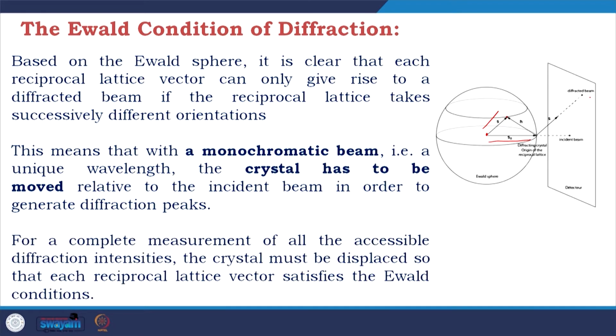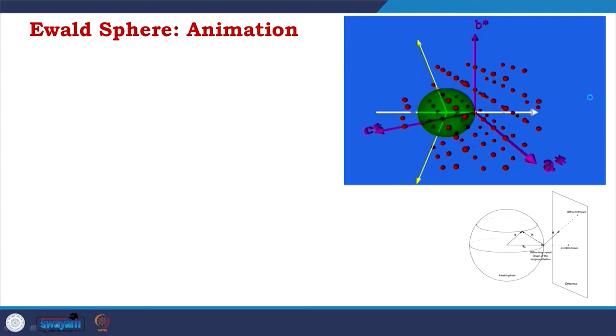For a complete measurement of all the accessible diffraction intensities, the crystal must be displaced so that each reciprocal lattice vector satisfies the Ewald condition, and that is why I was saying that the Ewald sphere is so critical.